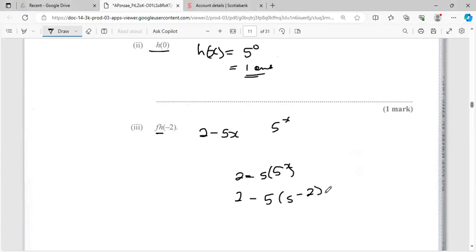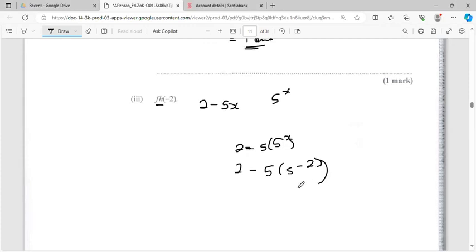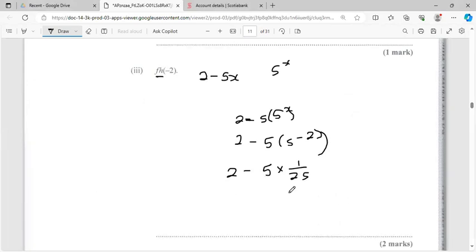Now 5 to the minus 2, this part here is going to work out to 1 over 5 squared. Because remember, we have to do the power part first. So it's going to be 5 times this, right? 5 times 1 is 5, so we have 5 over 25.